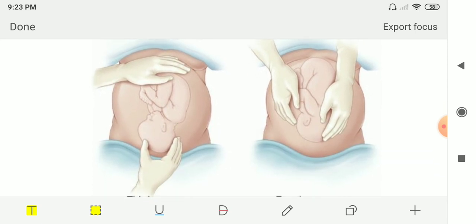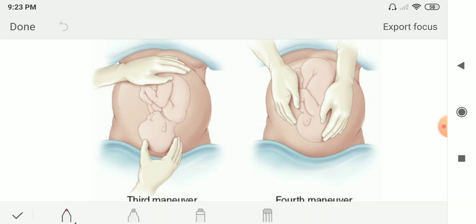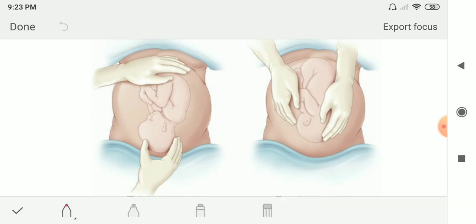The third and the fourth one. The third part is also called Pawlik's maneuver. In this, we put one hand above the fundus in the upper region, and by using only our fingers just above the pubic symphysis, we palpate which part is here.